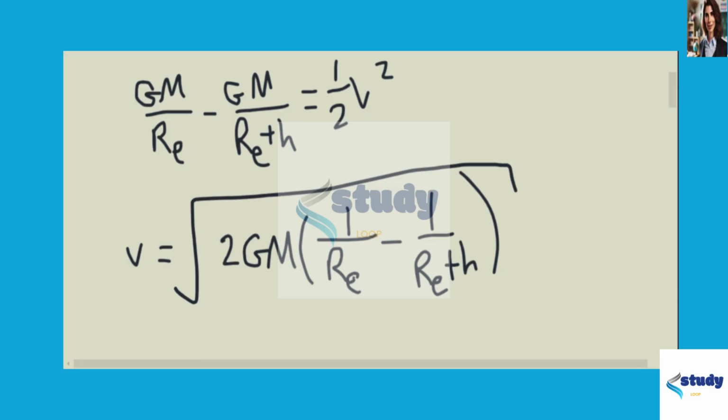So let's go ahead and put that into a calculator. Square root of 2 times 6.67. Wait a minute, I've got GM already written down. Okay, so there's 2GM times 1 over radius of the Earth, 6.37 times 10 to the 6th power, minus 1 over the radius of the Earth plus the altitude.